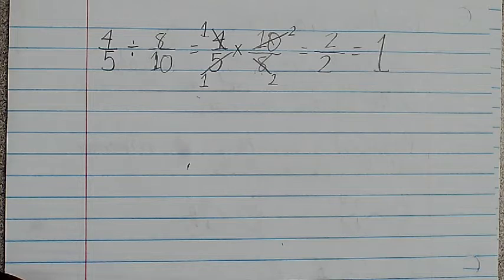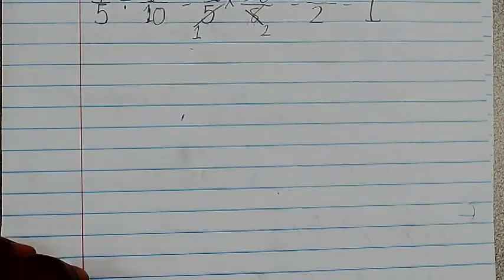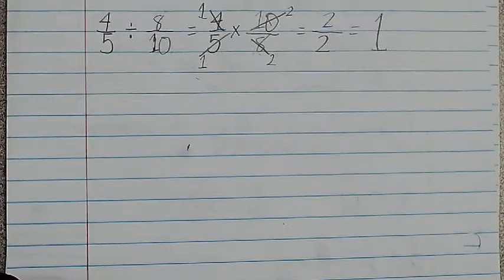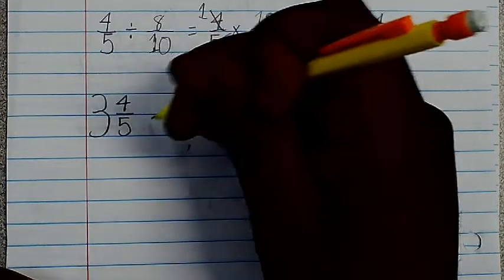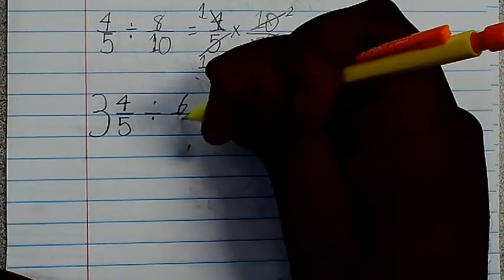All right. Let's look at another example. And I'm going to leave this up here. Sorry about that. So we have 3 4/5 divided by 6/20.